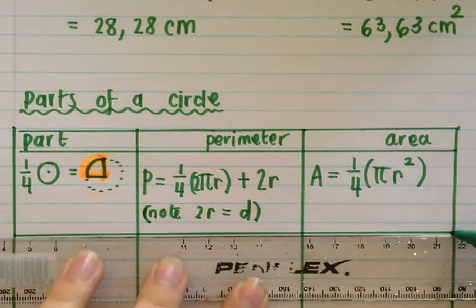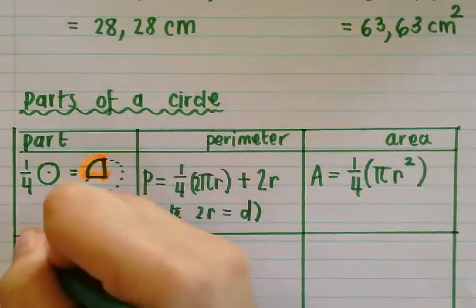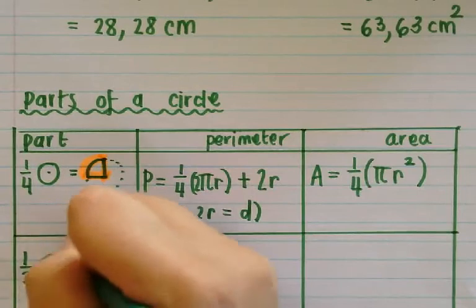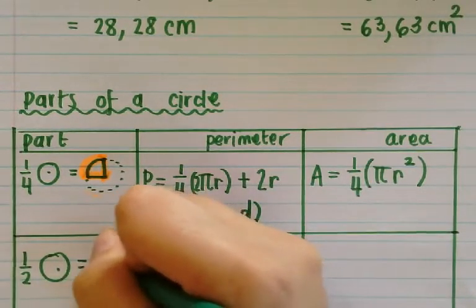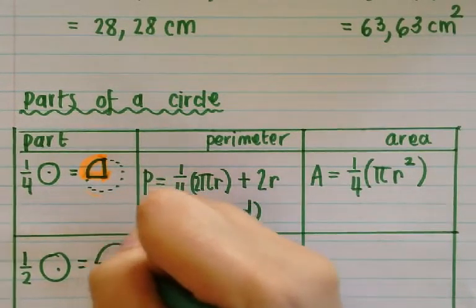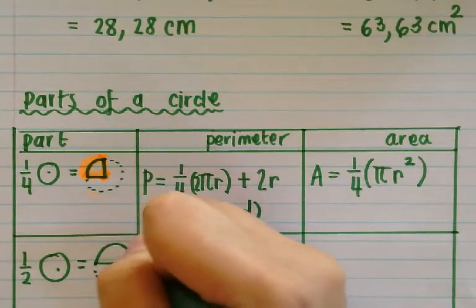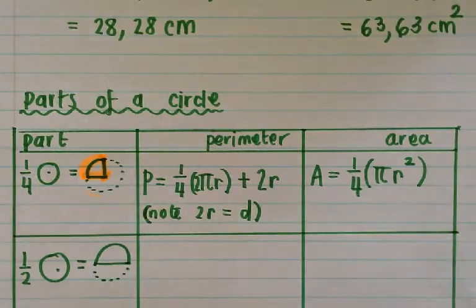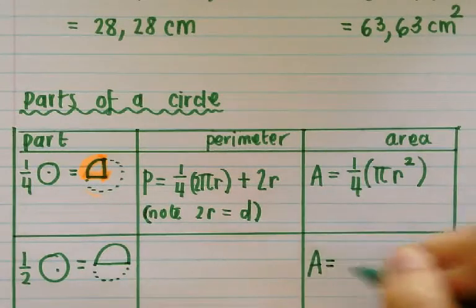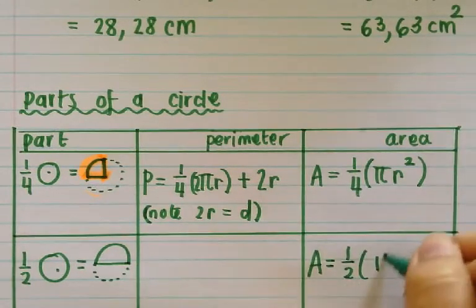Let's look at half a circle. My area is no problem. I want half of the space on the inside.